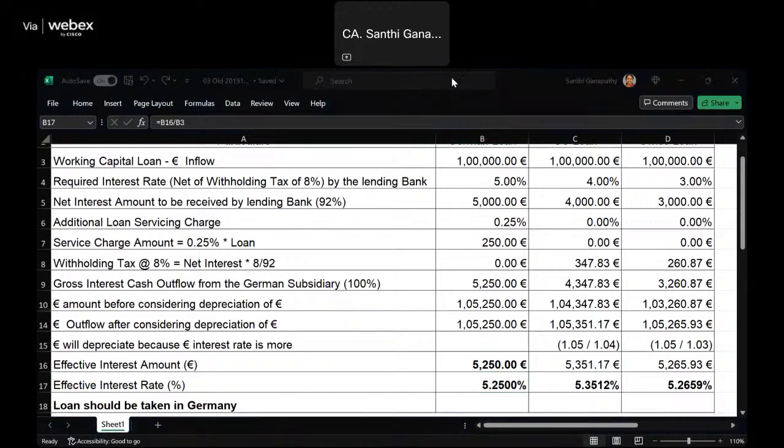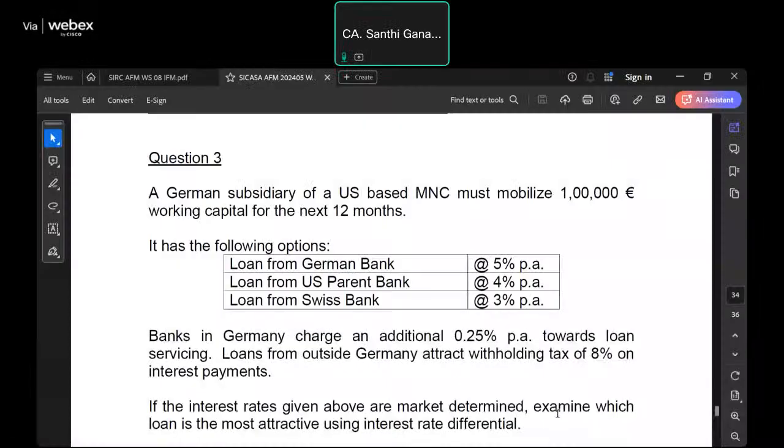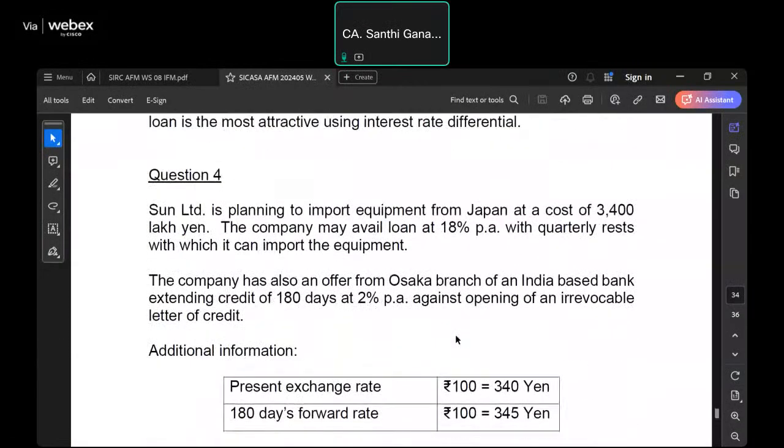Have you completed this? Shall we move on? Next, let us take another problem. You can try this.